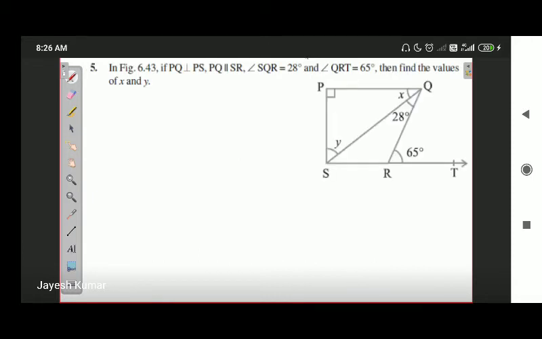Next is question number 5. Question number 5 is, let me write down what is given to you. In question number 5, PQ is perpendicular to PS. Line PQ is parallel to SR. Angle SQR is 28 degree.